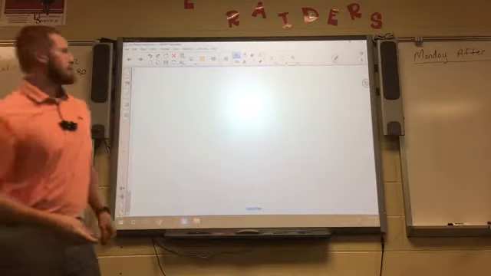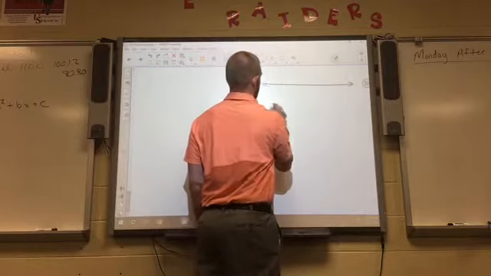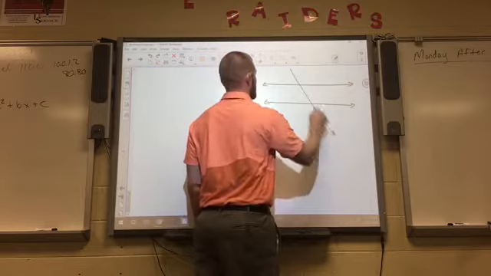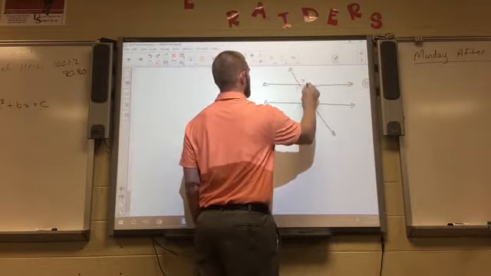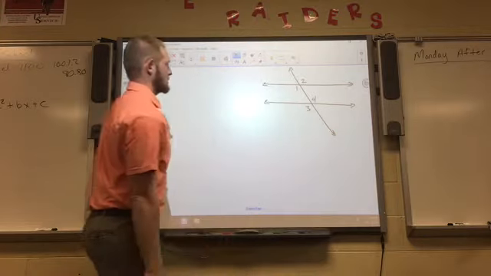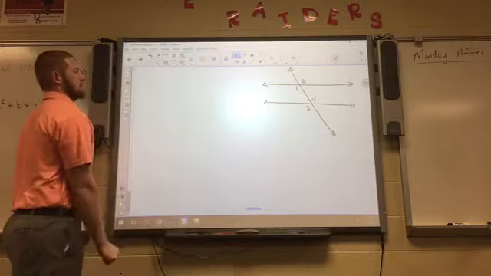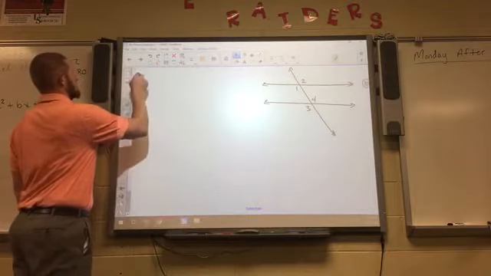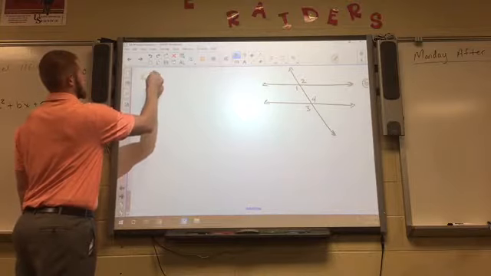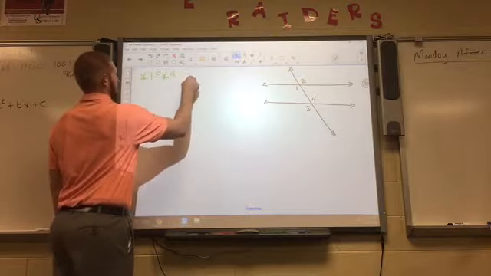They give me this diagram, and we're going to do a paragraph proof on this one. And they tell me that angle 1 is congruent to angle 4, and that's my given.